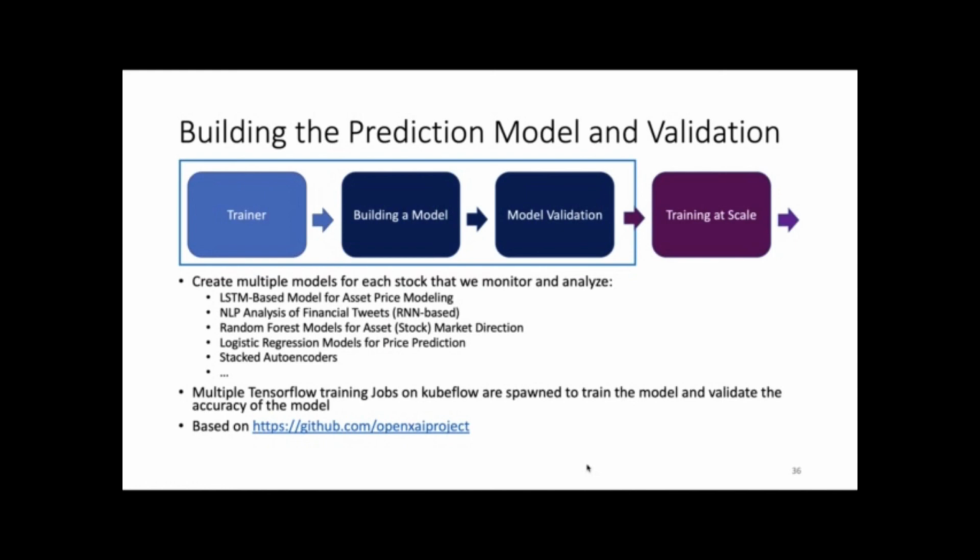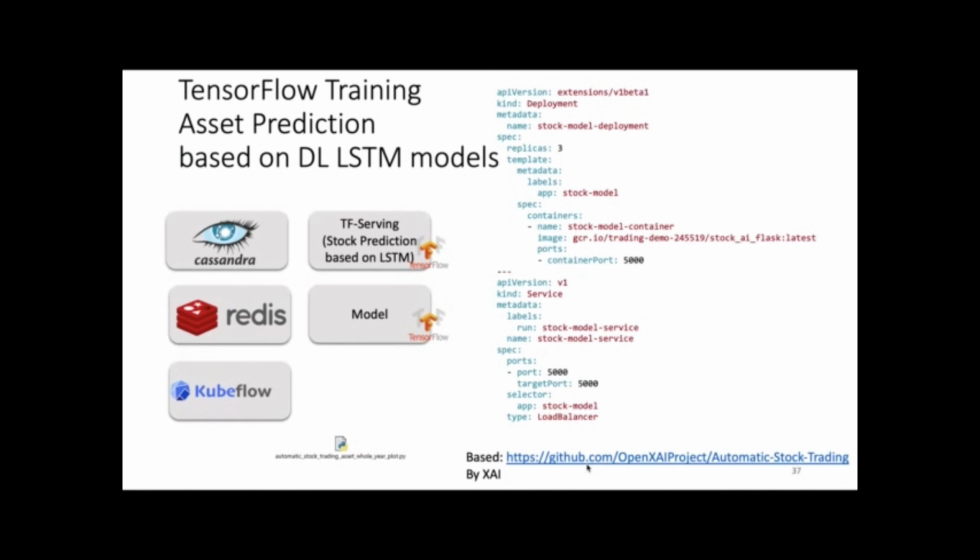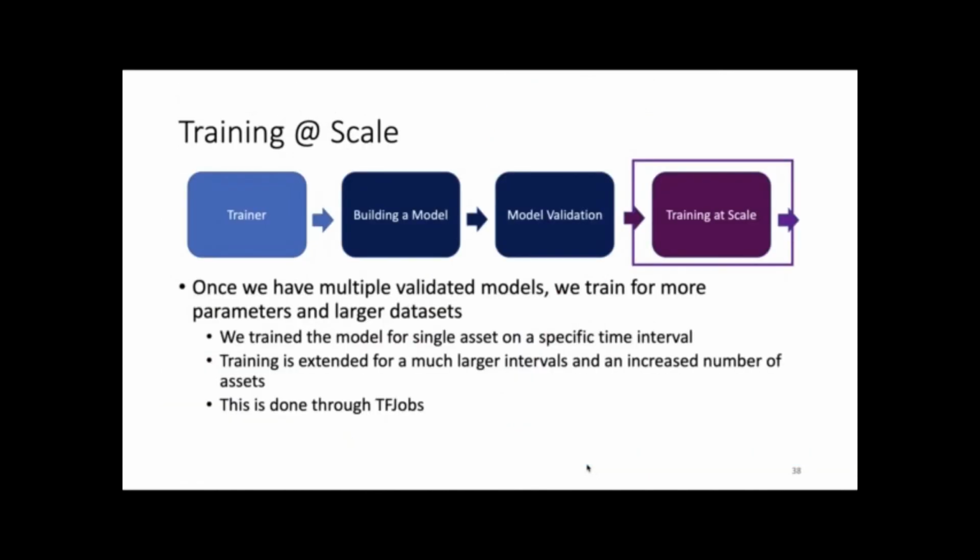Multiple simultaneous jobs are created and validated. Here is an example of a YAML project. The data was read from multiple data sets before we started working on them. After that, we extend the model on larger number of assets and different number of intervals, predictions within the last 5 minutes, 10 minutes, and so on.